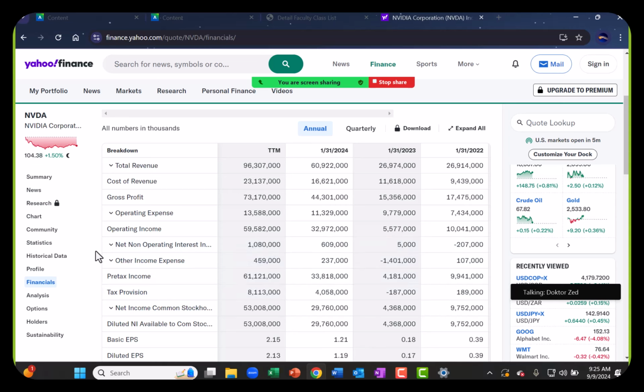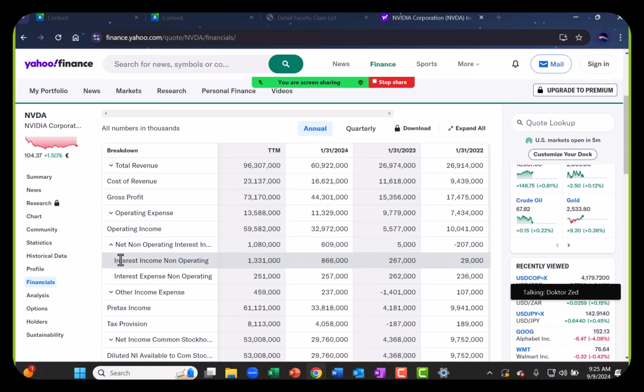And then there are also so-called non-operating interest expenses and income. If you have a lot of cash, you're going to invest it in something that's going to generate interest income, or if you have debt, you're going to pay interest on that. Apparently, NVIDIA has both of them, but net, they make about $1 billion every year.